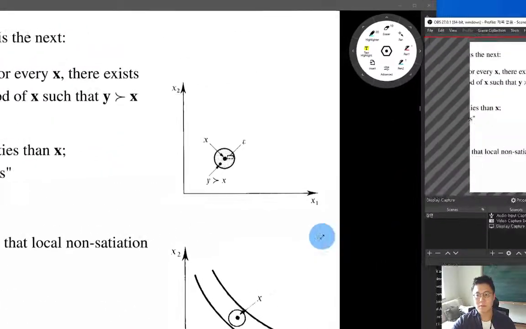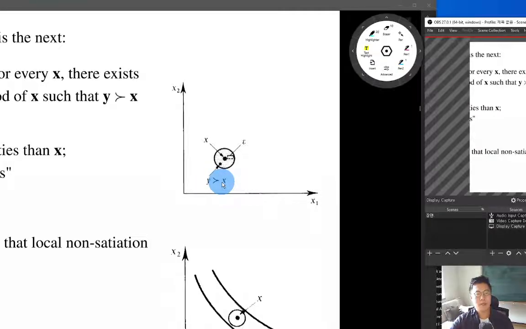If we have just two commodities, good 1 and good 2, and pick an arbitrary bundle in this consumption set, and think about its neighborhood, which is an open ball, then inside this neighborhood we can find some bundle y that is strictly better than bundle x.